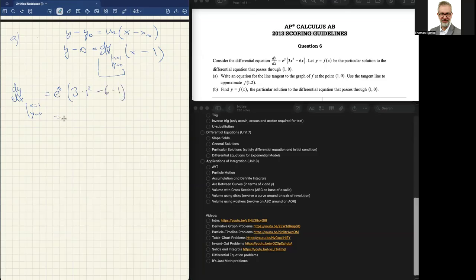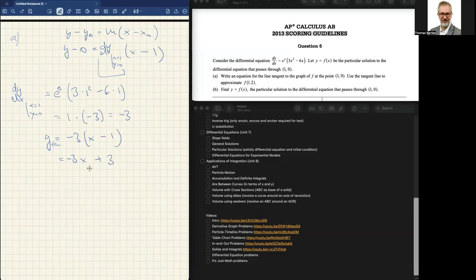Well, e to the 0 is 1, and then 3 minus 6 is -3. So that equals -3, and now we can complete this. The equation for the tangent line is y tan, just so I don't get confused later, equals -3 times (x minus 1). Let's simplify that to put it in a normal format: -3x plus 3.